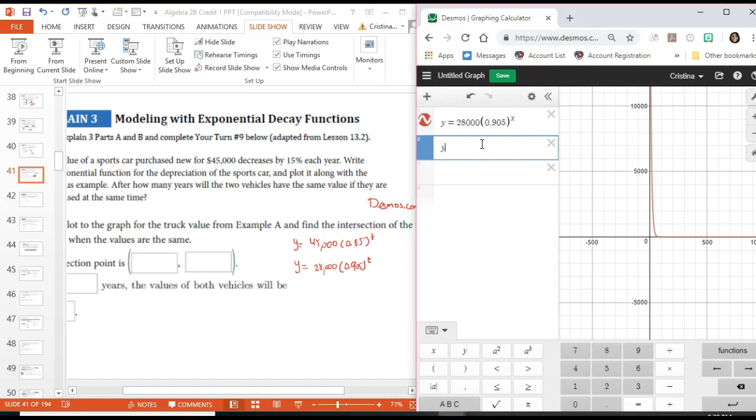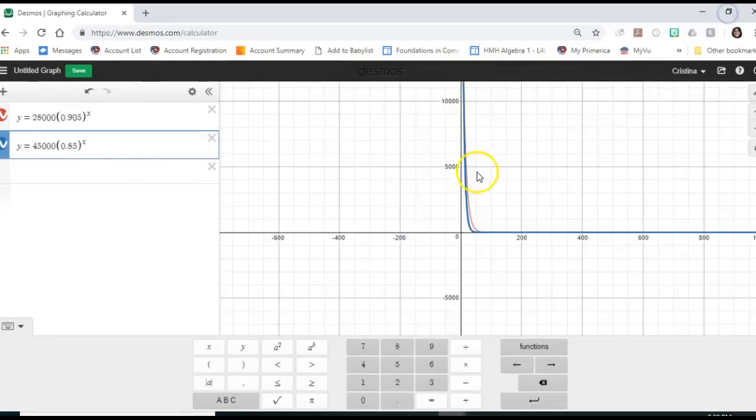I can also type in y equals, oh, actually my new equation, 45,000 times parentheses 0.85, close the parentheses, to the t power. In this case, we'll put it to the x power. You can see there's a little bit of a green and blue overlap, so I'm going to maximize this and see where they cross.